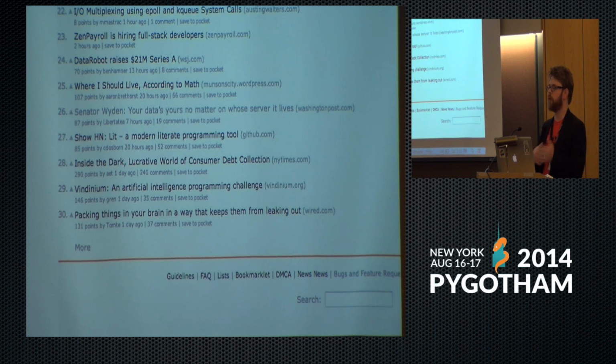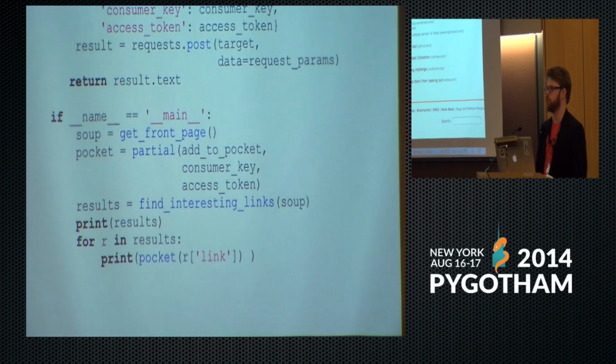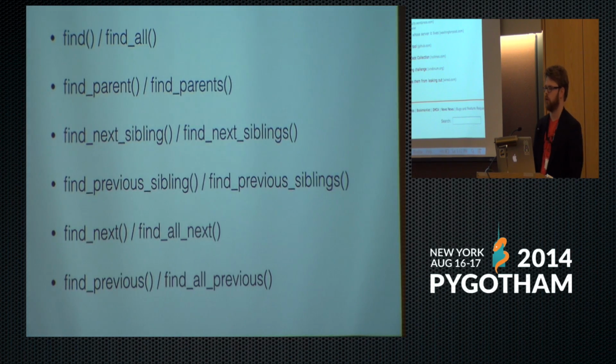Because sometimes a duplicate post will be added by somebody else on Hacker News, but it'll be the same URL. There'll be a different set of comments on it. So I really want to check, by using the part of the Pocket API that tells me what I already have in there, whether I'm duplicating it. Yeah. Right.